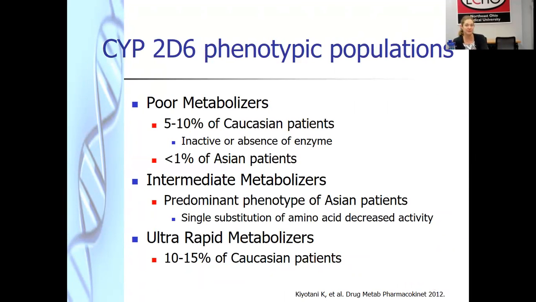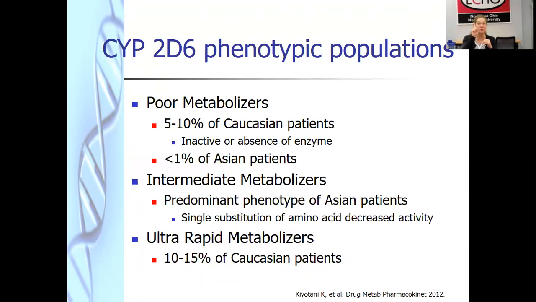Because of that, we can see relatively significant differences. Poor metabolizers are seen in about 5 to 10% of Caucasian patients, and less than 1% of Asian patients. For whatever reason, it's more likely to occur in patients of Caucasian descent. Intermediate metabolizers are the predominant phenotype of patients of Asian descent, and it's one substitution of an amino acid that can impact how efficient that enzyme is.